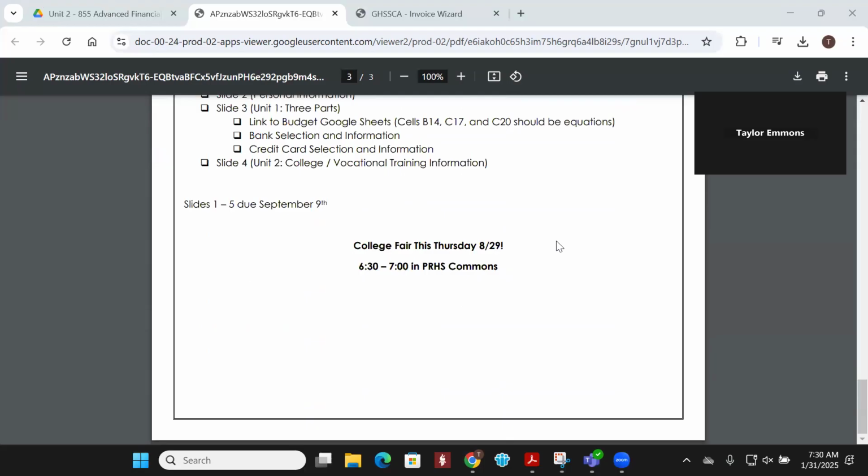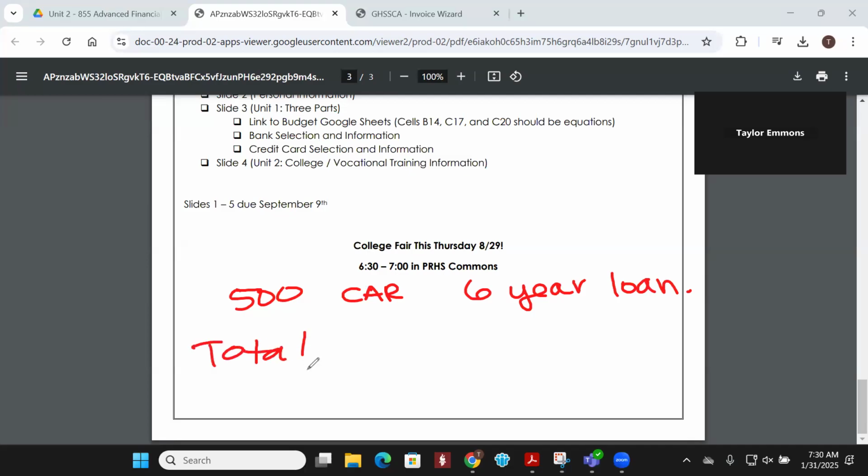Let's say that you have a $500 monthly payment, and let's say you're doing this for a car and you have a 6-year loan. How much are you going to pay in total? How would we find that? Not the formula. I'm telling you already, you do monthly $500. That came from the formula, right? I already gave that information to you.